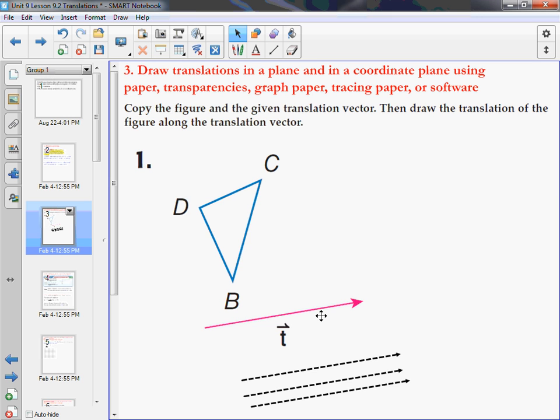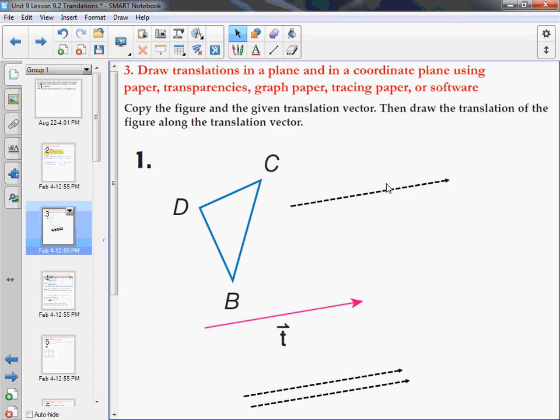Like in the previous section doing reflections, all our little dotted lines had to be parallel to each other because they were all perpendicular to the line of reflection. All of our vectors have to be parallel to each other because they must be going the exact same direction. Now, this is one thing where I've got it a lot easier than you have, because all I had to do was copy that over and over, and they're all parallel to each other, and they're all the same length. I've got it made, okay? It's a little more effort for you guys.